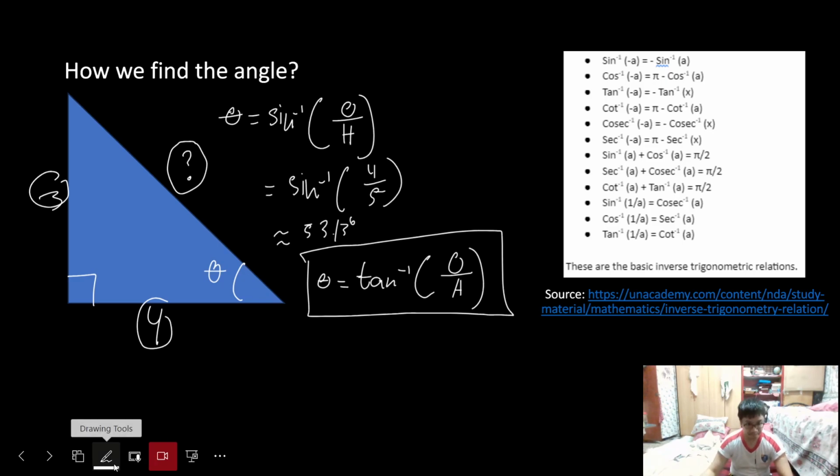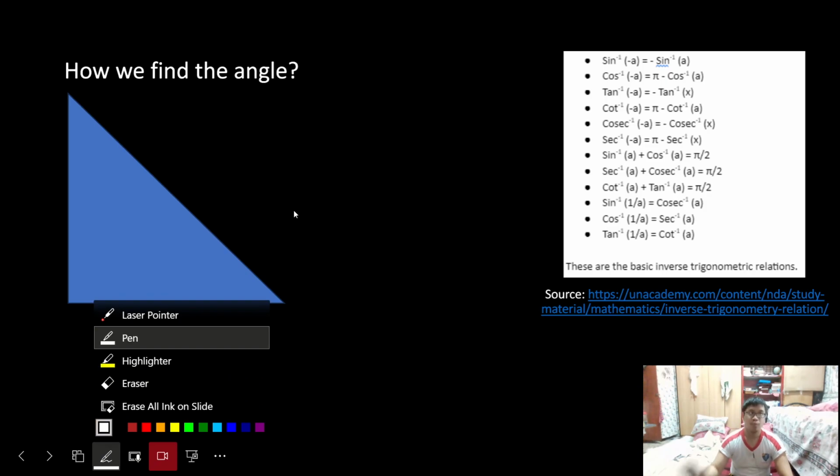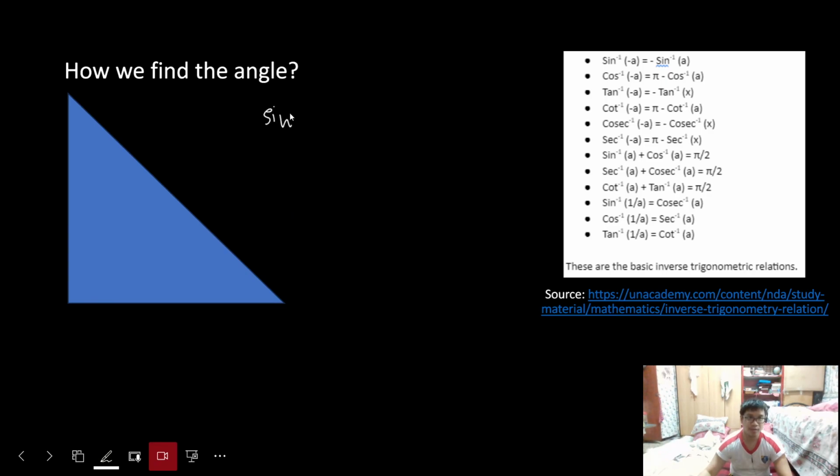But if you're going to ask me which of the trigonometric ratios are very important, not only in terms of finding the ratio but also in finding the inverse, that would be arcsine, arccosine, and arctangent. These three.